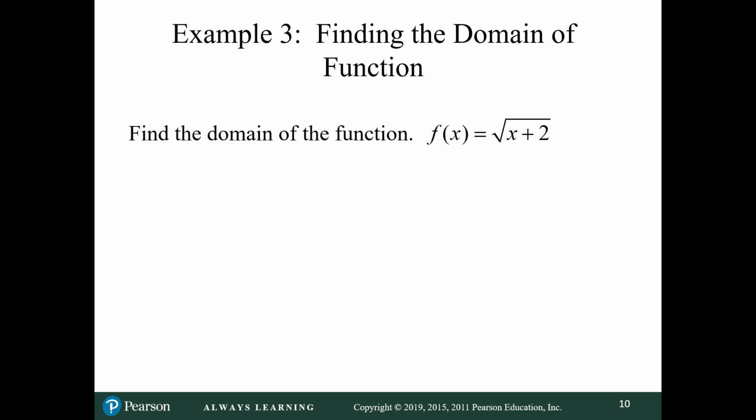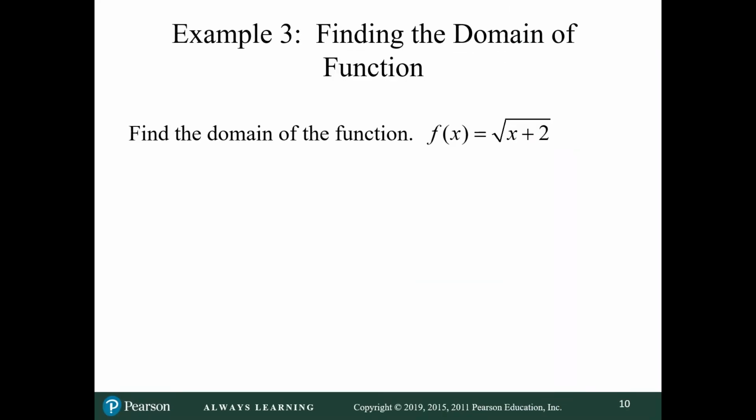Okay? So finding the domain of this one. The square root cannot be negative, so this has to be greater than or equal to 0. Then we'll square both sides.